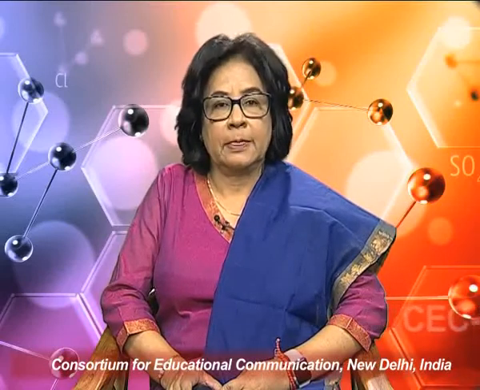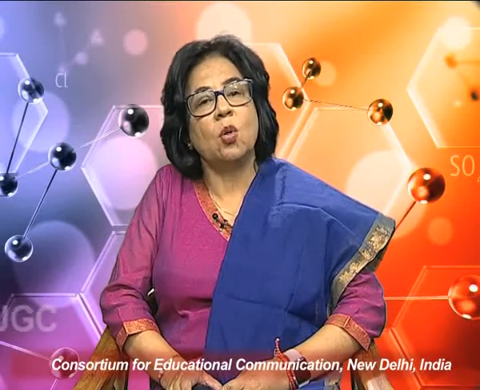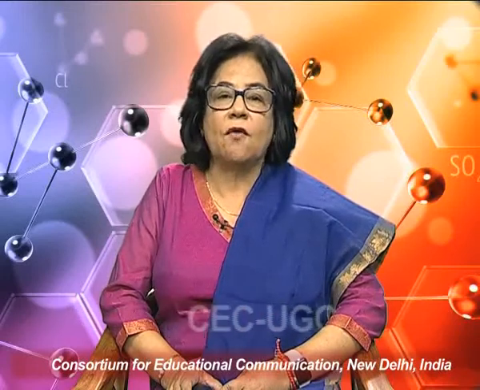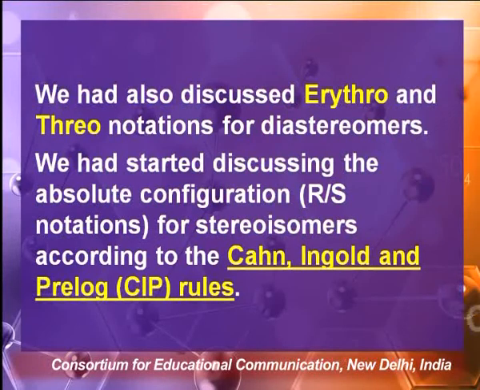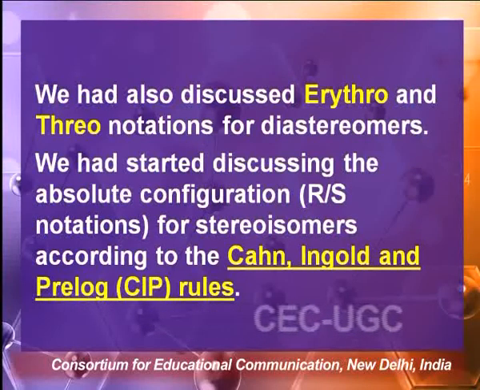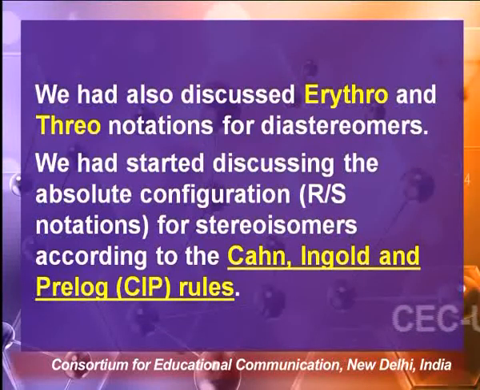In my last lecture, we had also discussed erythro and threo notations for diastereomers, and we had started discussing the absolute configuration, that is RS notations for stereoisomers according to Cahn, Ingold and Prelog rules.